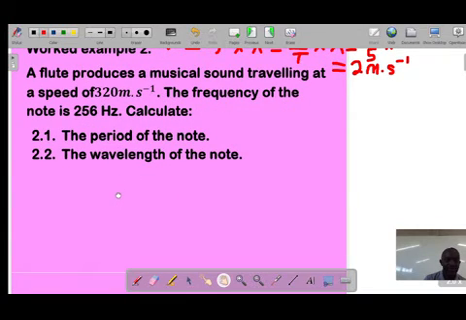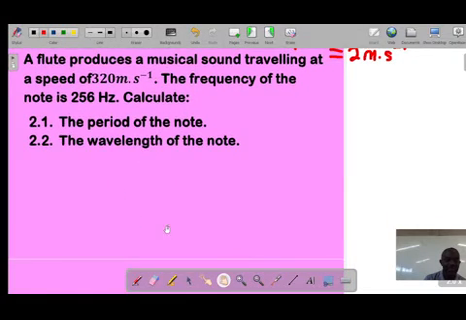Let us understand what we know. What have they given us here? A flute produces a musical sound traveling at a speed of 320 meters per second. So we know the speed is 320 meters per second.